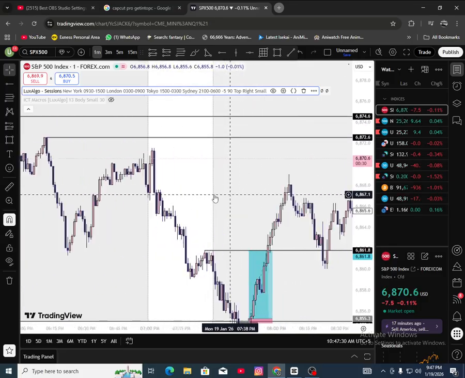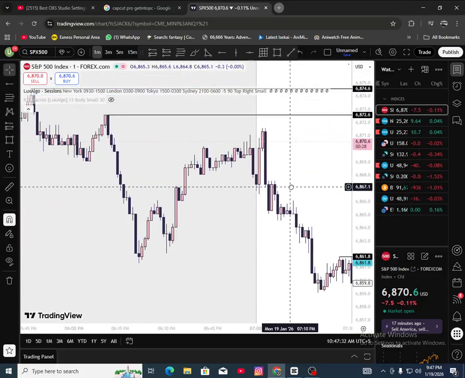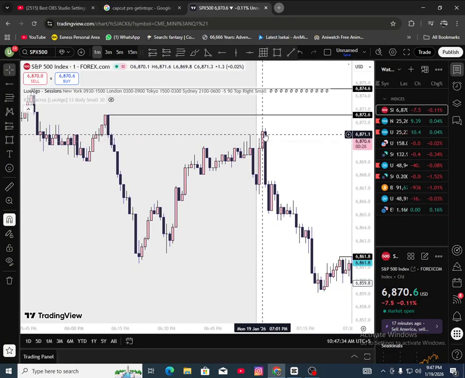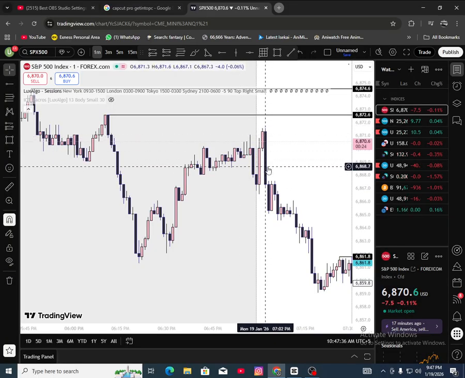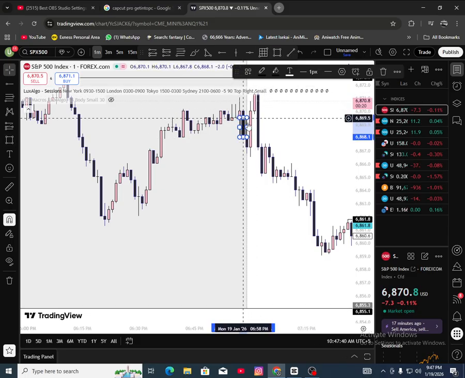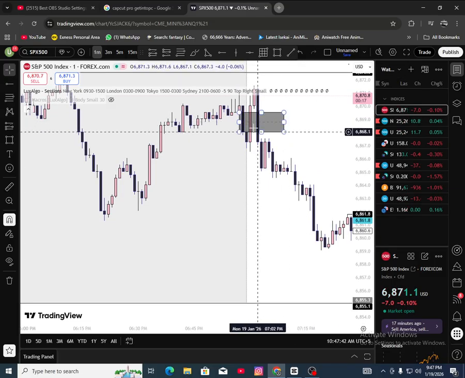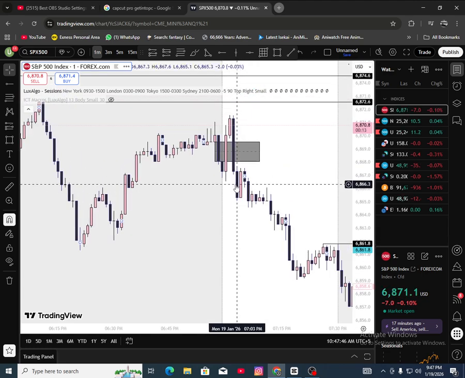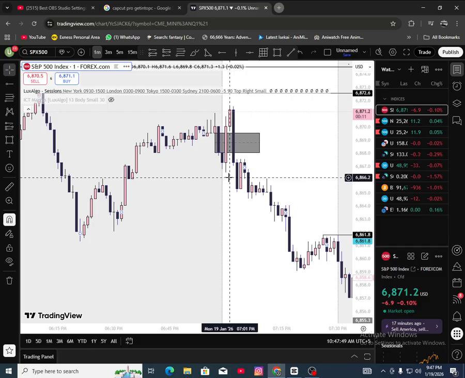So when we come to SPX and see, this is the place where SMT was created, and after just a few minutes, we got an entry. See, this IFVG was inverted, and for me it is a good setup.